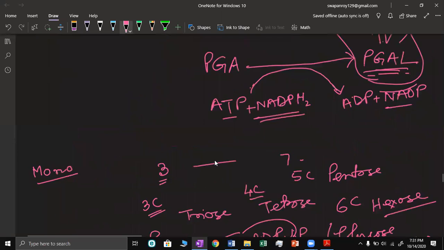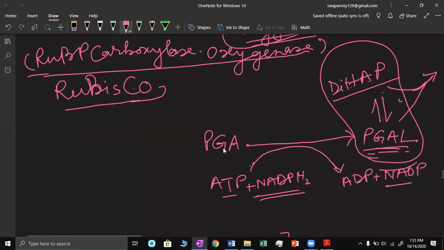Okay. And here also, for every molecule of PGA to be reduced into PGAL, one ATP and one NADPH2 molecule are spent.